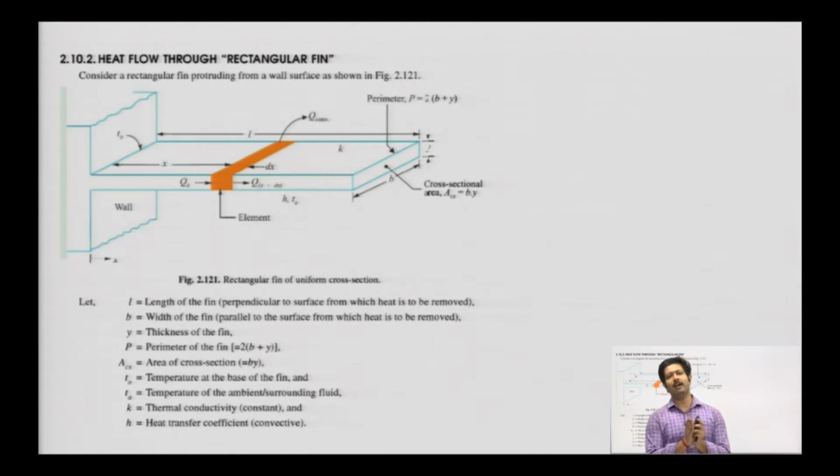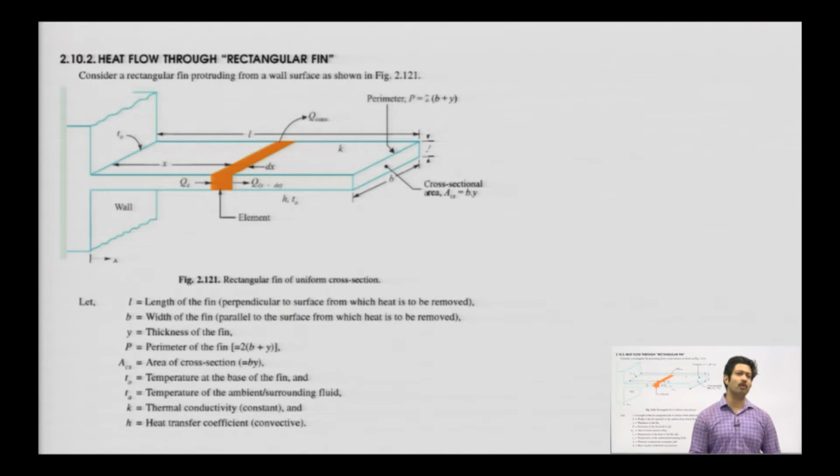As per the heat balance of the element, Qx is entering the element and Qx plus dx is coming out of the element, which has a thickness of dx, and there is Q convection, definitely, because this fin is not surrounded by a solid; it is inserted into a fluid.